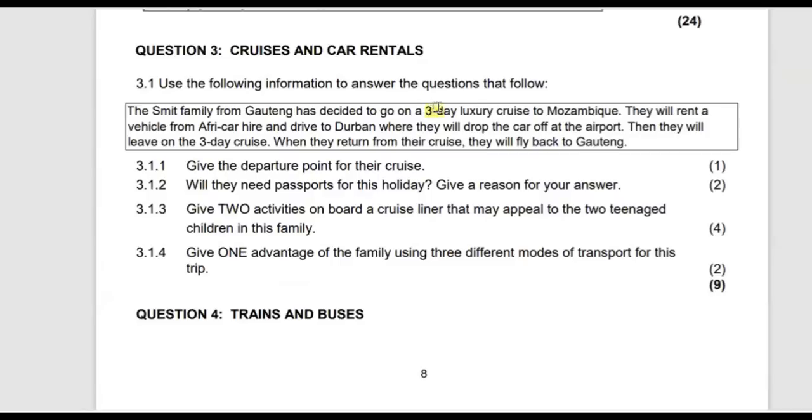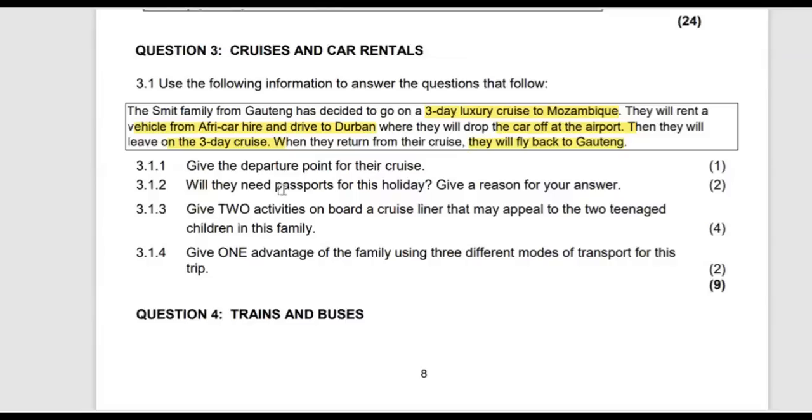They will rent a vehicle from Africa Car Hire and drive to Durban, then drop the car off at the airport. Then they will leave on a 3-day cruise. Those are the key highlights. When they return from their cruise, they will fly back to Gauteng.